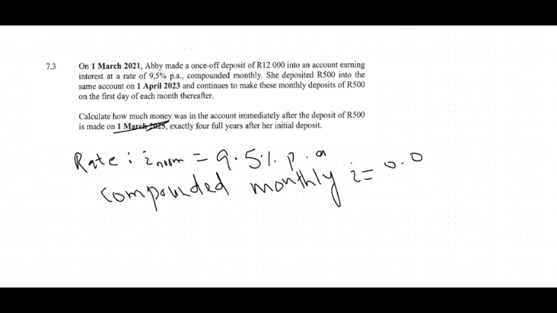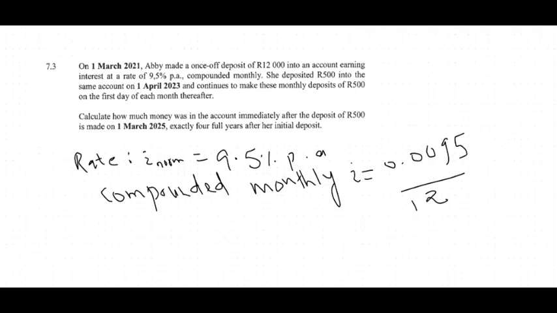All right. So the future value of the lump sum deposit: we have an initial deposit P of 12,000 on 1st March 2021. The target date is this.